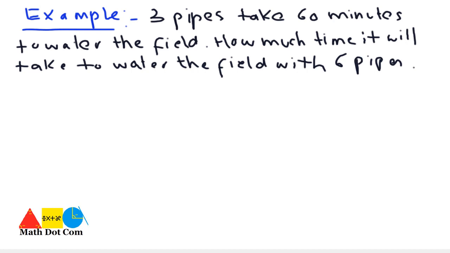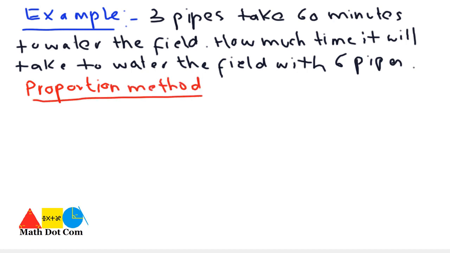Okay, we will write the known quantities. We are having the number of pipes and the time.